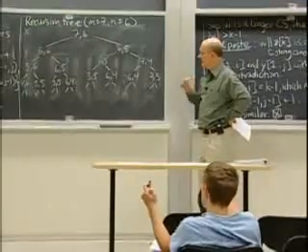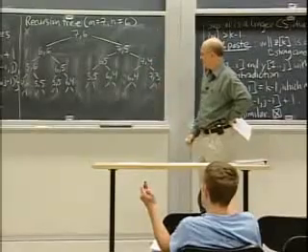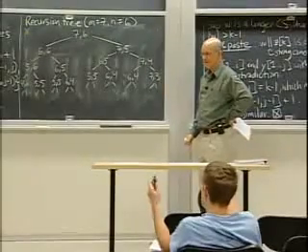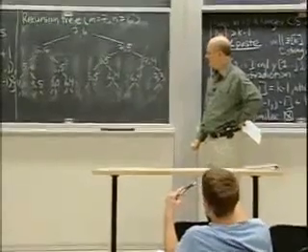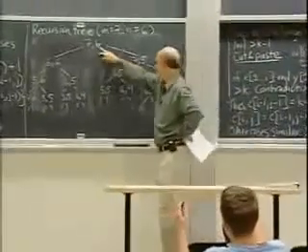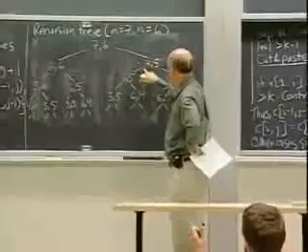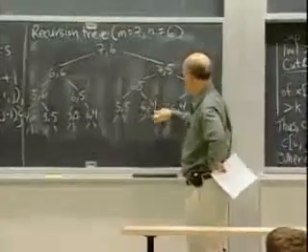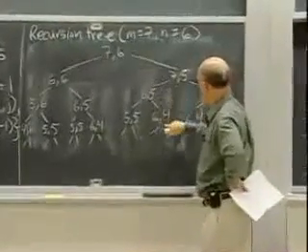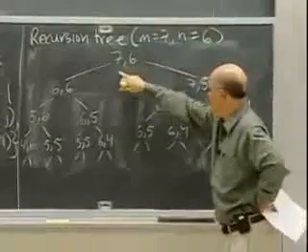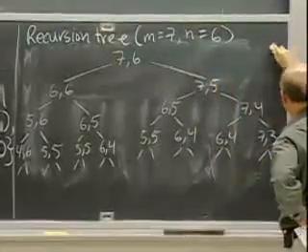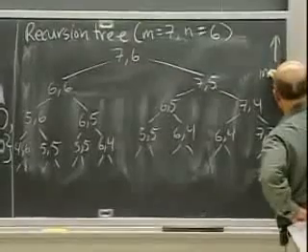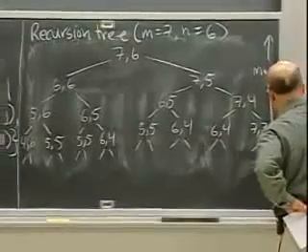The max would be, in this case, height 7. But I think you can sort of see, for example, along a path like this, that after going 3 levels, I've only reduced m plus n. Good, very good. So height here is m plus n.